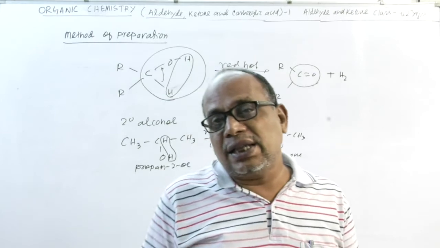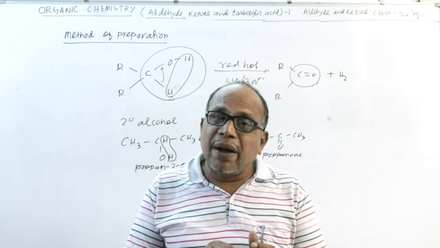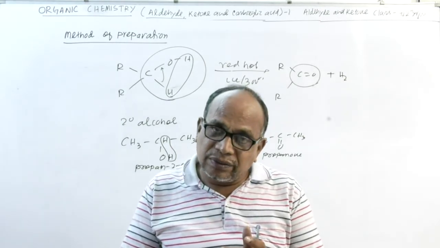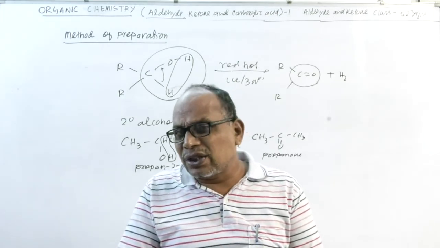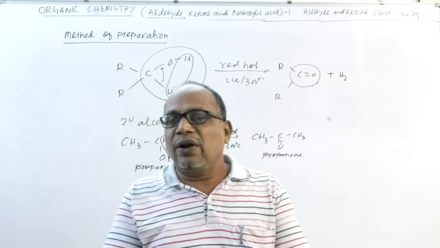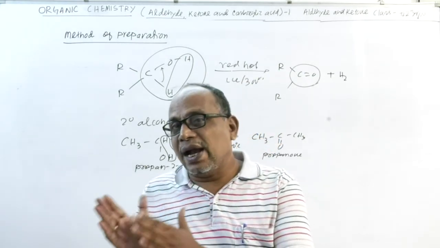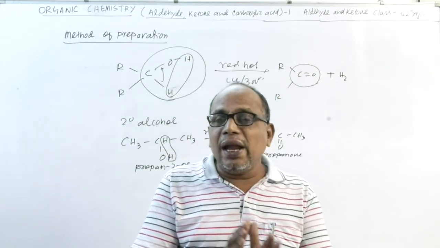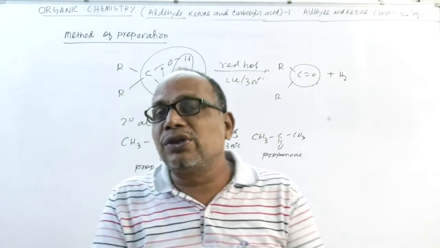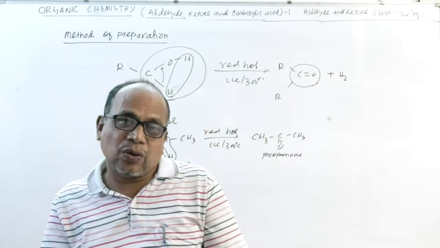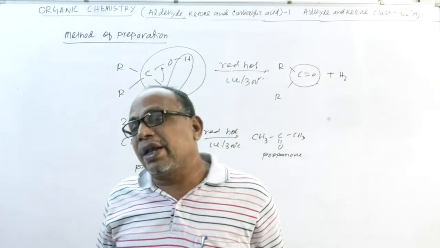The specific reagents are PCC, pyridinium chlorochromate, PDC, pyridinium dichromate, Jones reagent, Collins reagent and manganese dioxide. These can convert the primary alcohol to an aldehyde and the secondary alcohol to a ketone.